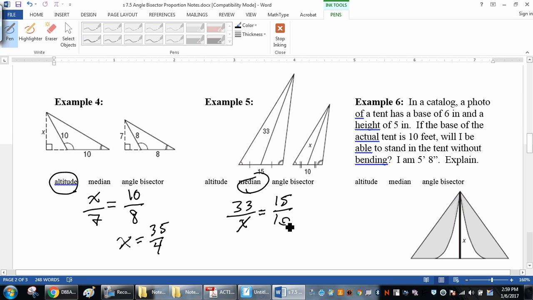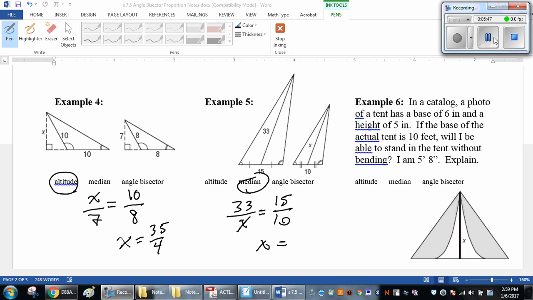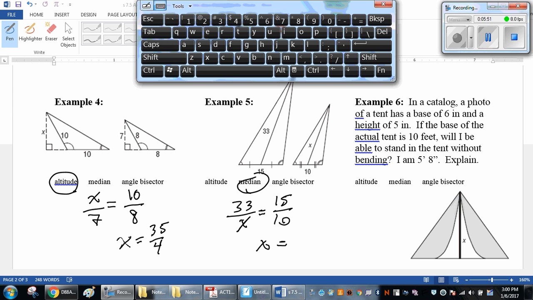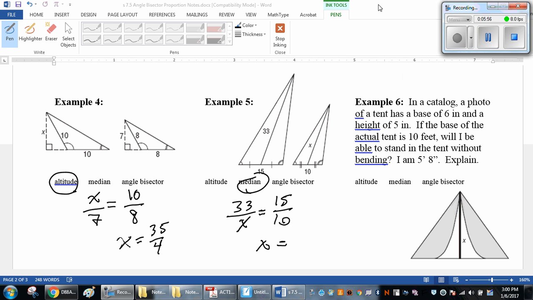Okay, cross multiply and solve. We get x equals 22.